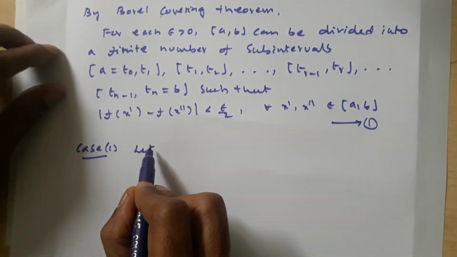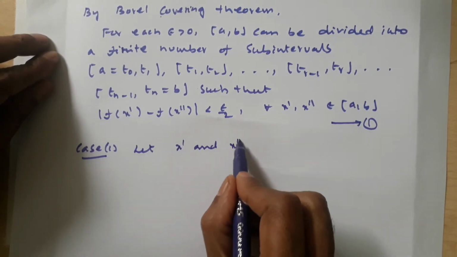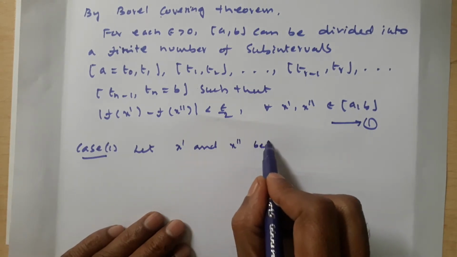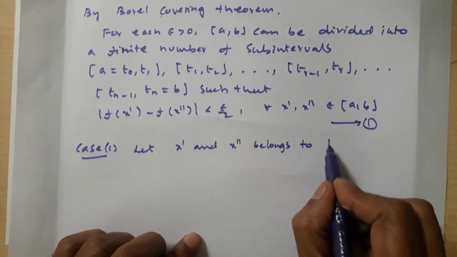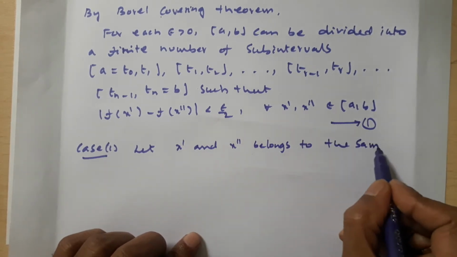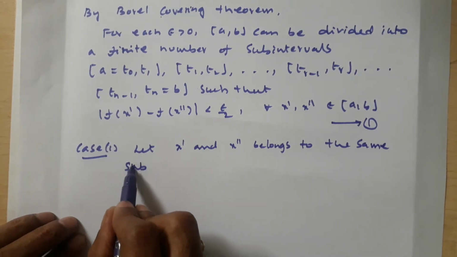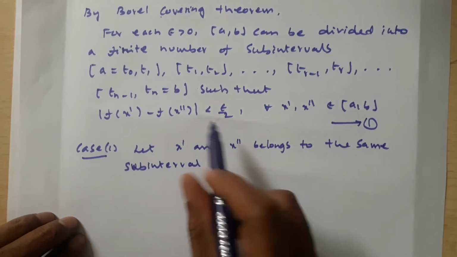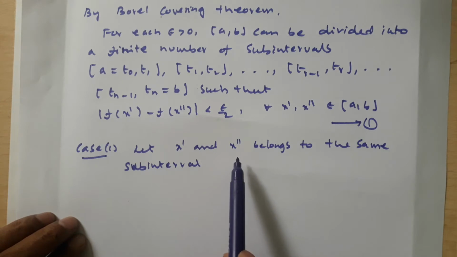Let x dash and x double dash belong to the same subinterval, because these are all the subintervals; in one of the subintervals, these two points lie.